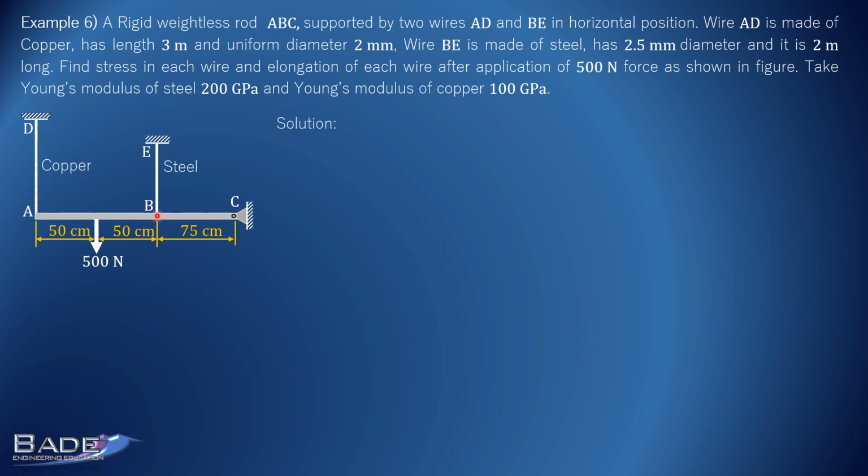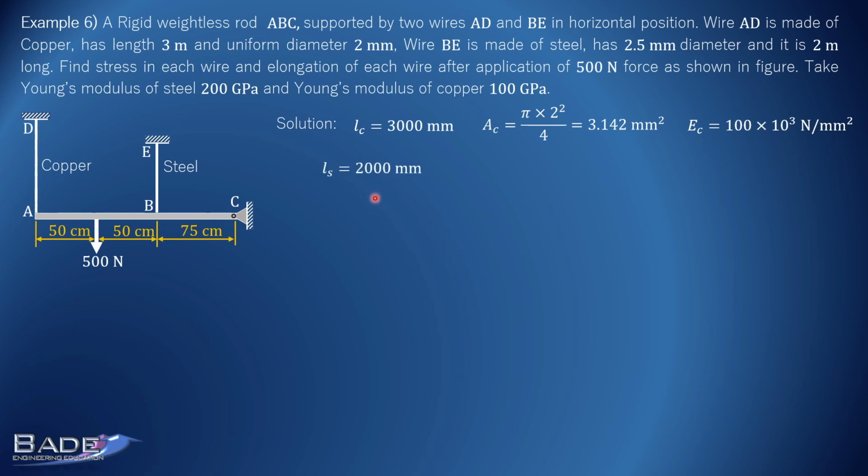So here is a copper rod and there is a steel rod. Length of copper 3000 millimeter, given as 3 meters here. Area of copper 3.142 millimeter square, from pi d squared by 4. Young's modulus of copper is given as 100 gigapascal, so here Young's modulus of copper is 100 into 10 raised to 3 Newton per millimeter square.